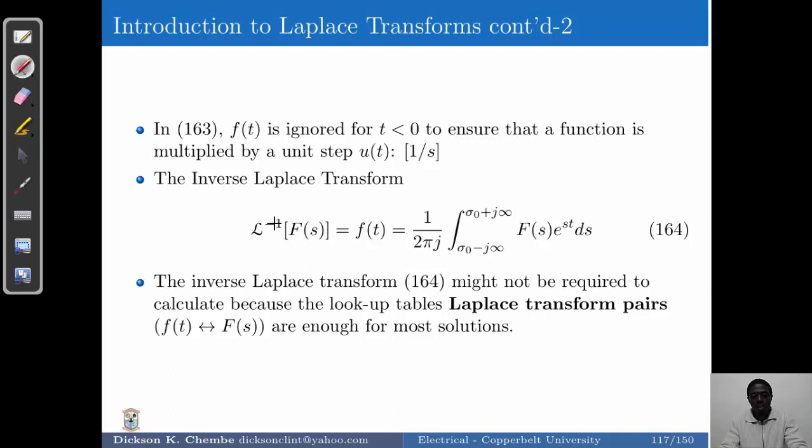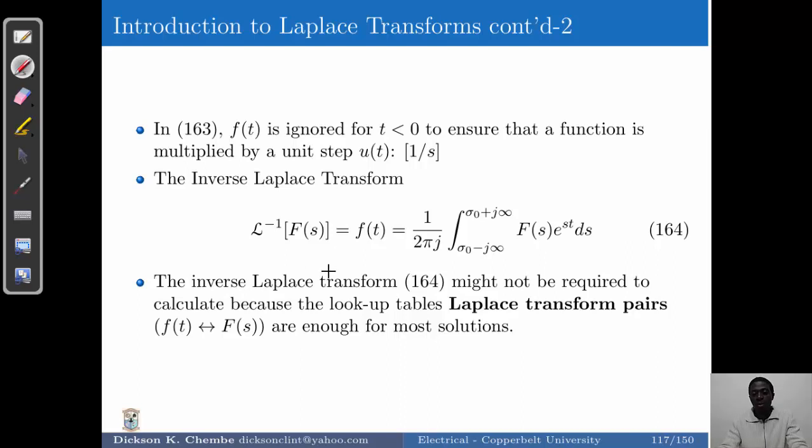So we invert the Laplace, which is the algebraic equation, back into the time domain, and we use this equation to do that. But in most cases, you realize that the lookup tables, or the Laplace transform pairs, are enough for you to get the solutions that you are required to get when you're done with the Laplace equation.